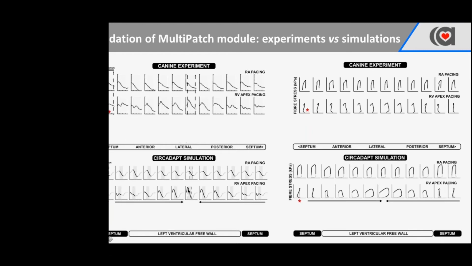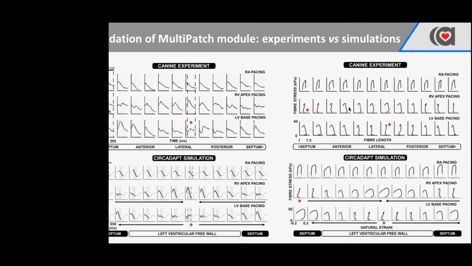So we are very encouraged that our MultiPatch approach is valid to simulate the results, and that they can be compared to animal experiments. And not only for the strain, but also for the stress, which also resembles the ones that were estimated in the animal experiments.